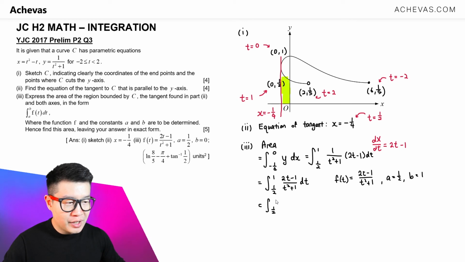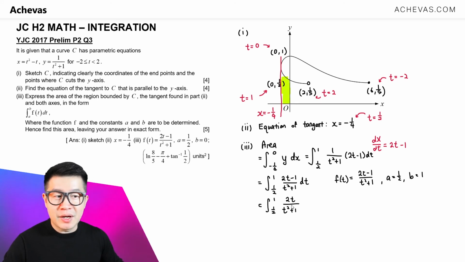I will just need to break up the integral into 2 parts. Let me show you what I mean. So it will be this divided by t squared plus 1. And this can be integrated by using f'(t) over f(t), because this is f(t) and this is f'(t). Then minus 1 over t squared plus 1, which I can also write as 1 squared, so I can make use of the formula sheet's integral to try to integrate this.